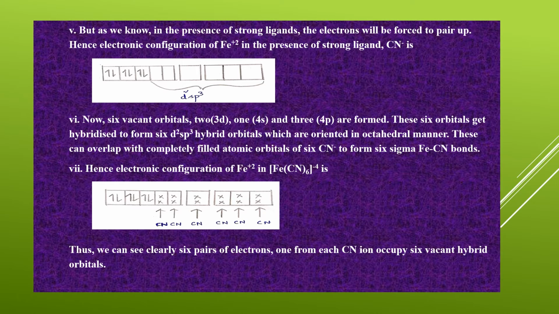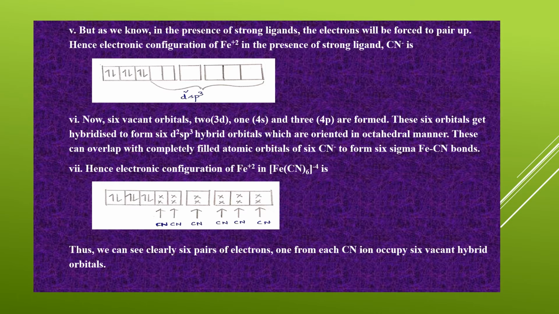How many vacant orbitals are being formed because of that? 6 vacant orbitals are being formed. You can observe this in the figure. What are they? Two 3d, one 4s and three 4p are formed.